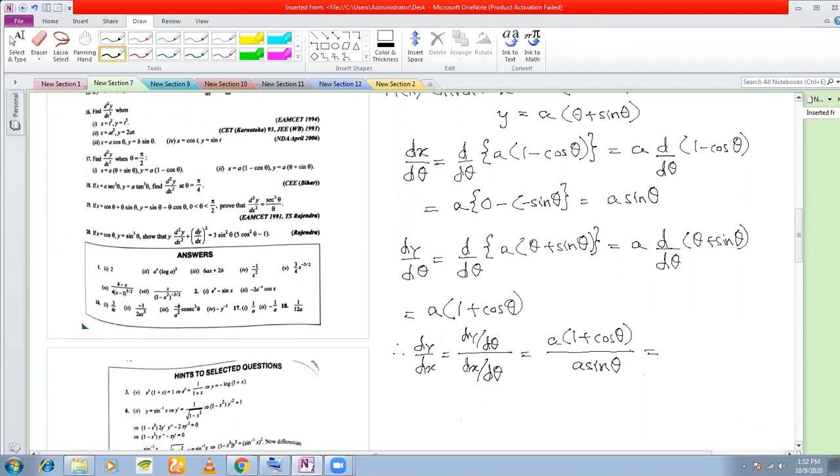Now we simplify this a little further before finding d2y dx2. How? 1 plus cos theta can be written as 2 cos squared theta by 2. We are simplifying this so that it is easier for us to differentiate further. And sin theta can be written as 2 sin theta by 2 cos theta by 2. A cancels here.